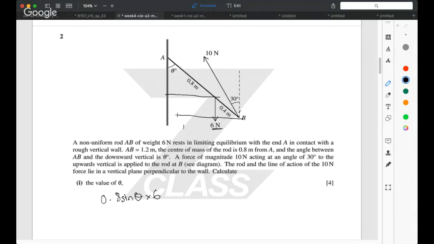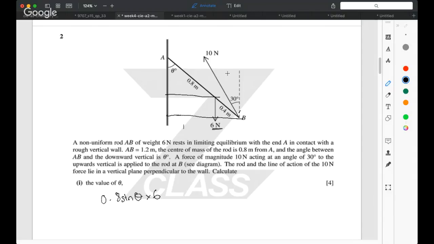Is this the distance between that force and A? You think this is the distance between the 10 Newton force and A? So the distance is always the shortest distance, right? Is there a shorter distance between this force and point A than that? I'm guessing no.